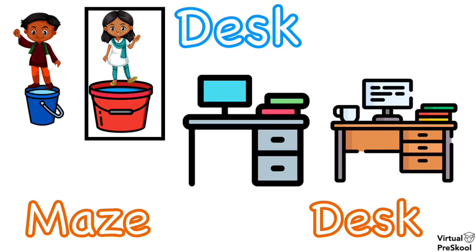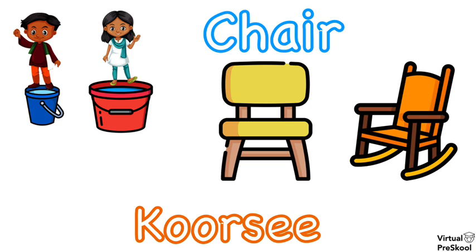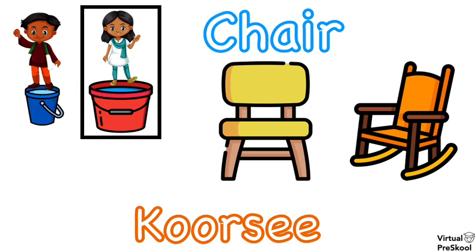Maze and desk, even though they have pul endings according to the rules, are stri words. Okay, desk is a stri word. What about chair? Pul or stri? This one should be obvious. According to rule number 2, if the noun ends with e, it's a stri noun.